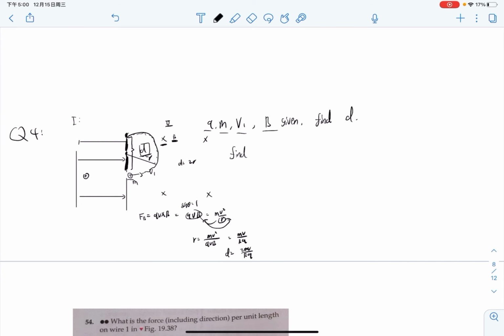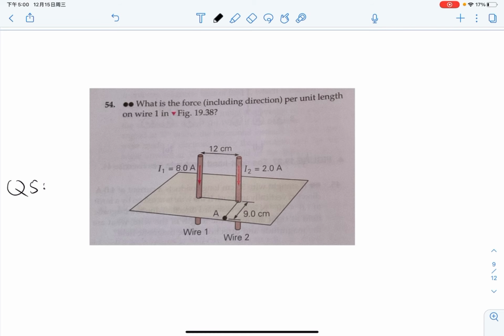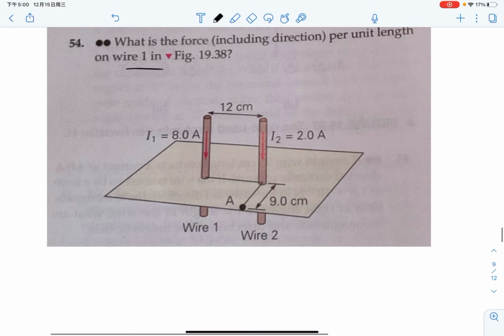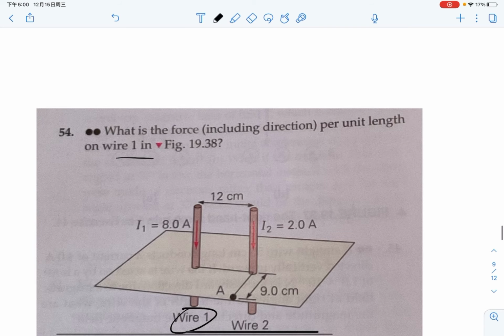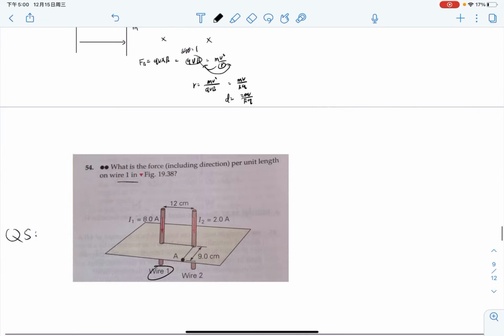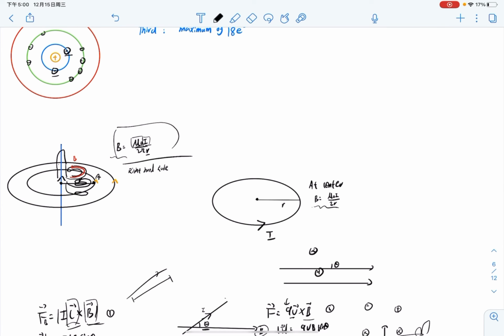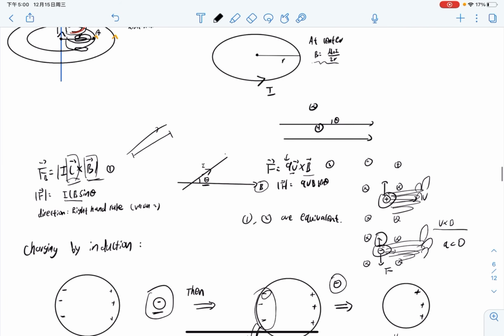Okay, we're going to do the fifth question. The fifth question is about what is the force per unit length on wire 1? For wire 2, we can use the equation above, this equation over here, and also this equation over here.